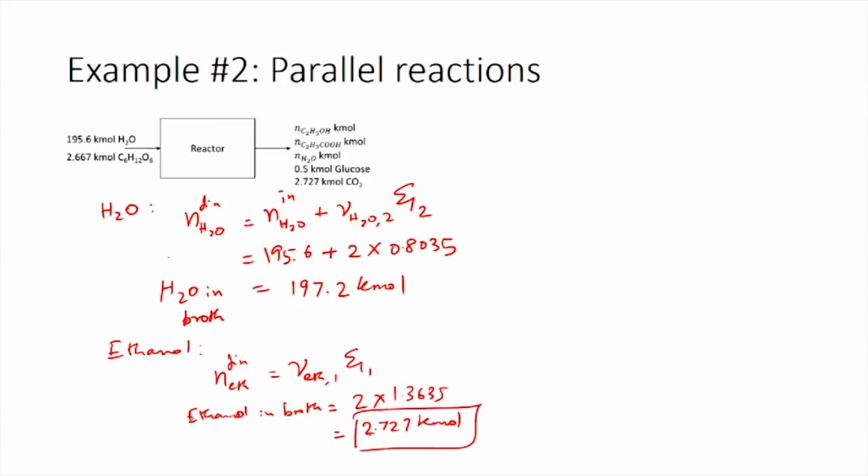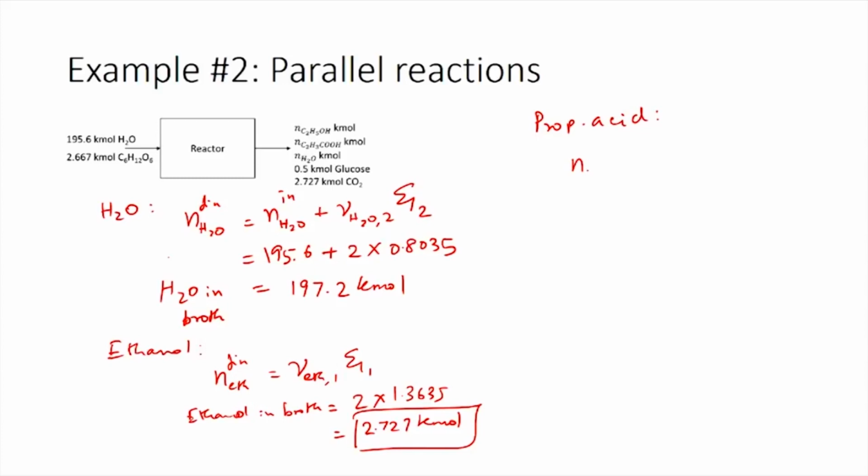So, finally, we will have to perform the balances for propanoic acid. So, for propanoic acid, we do not have any propanoic acid entering at the initial condition and we have only propanoic acid being produced by the second reaction.